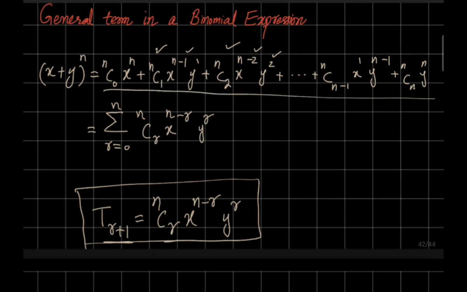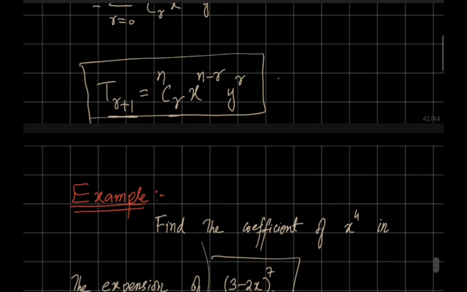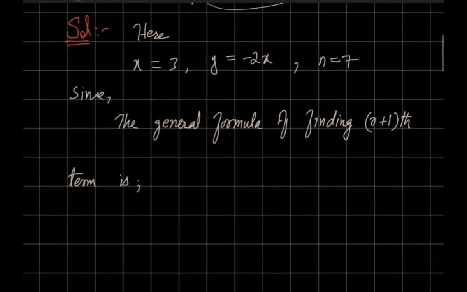We only have to find the coefficient of x^4. So we have to find only one term, not all terms. What is the general formula to find one term? I have written down the general formula of the (r + 1)th term here.